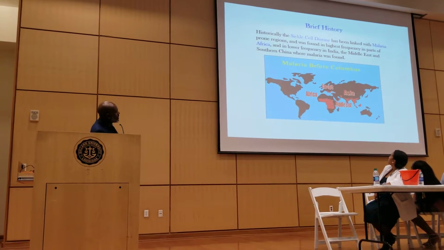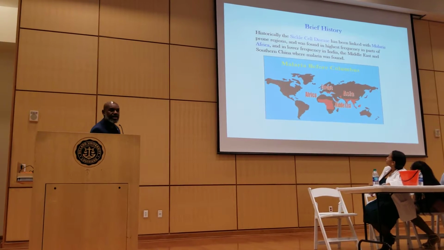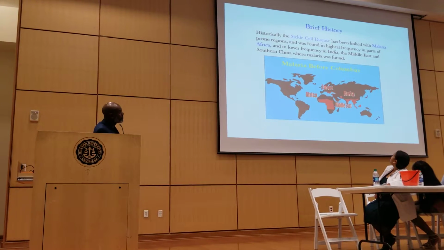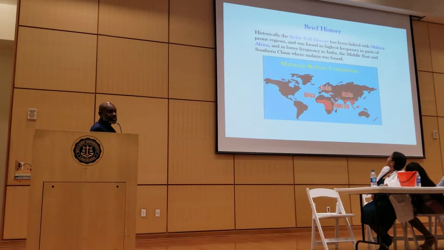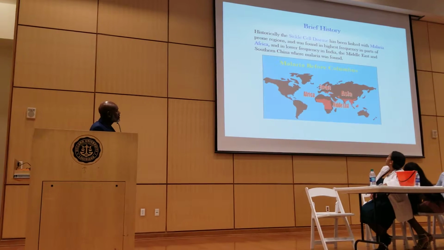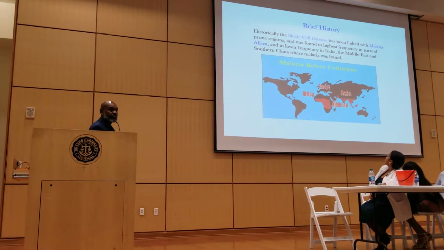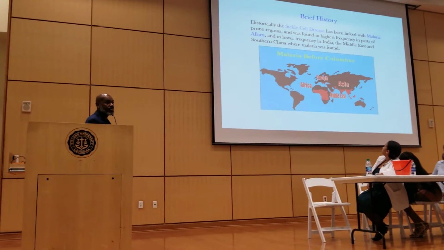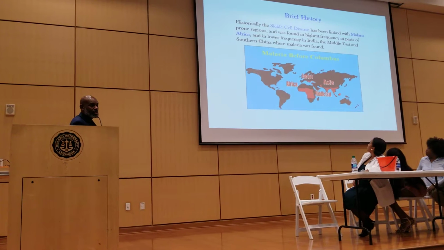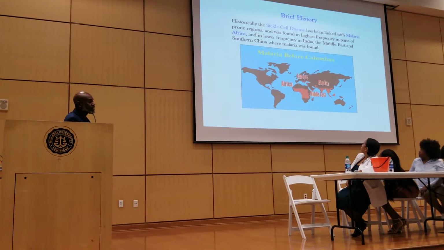If we look at just a brief history, why has it affected these particular ethnic groups? Sickle cell disease is linked with the disease malaria, and it was most prevalent in parts of the world where malaria was present. We can see that in parts of Africa, the Middle East, Southern Asia, and Southern Europe.